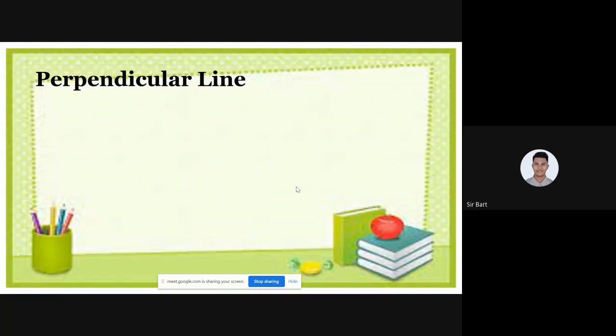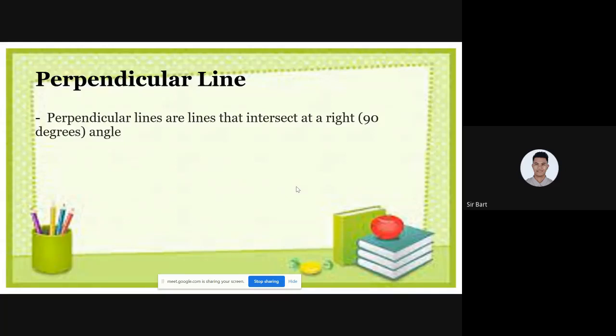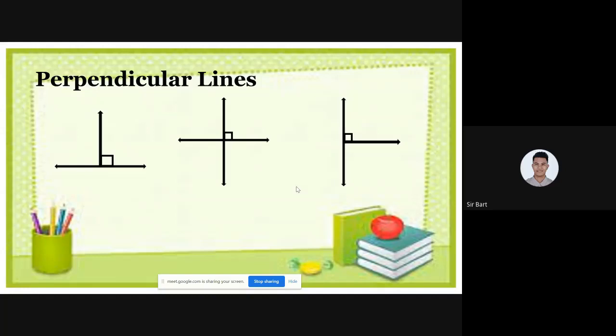Next is a perpendicular line. Perpendicular lines are lines that intersect at a right angle, and the measure of a right angle is 90 degrees. These are the examples of perpendicular lines. These boxes indicate that the measure of these angles is 90 degrees.